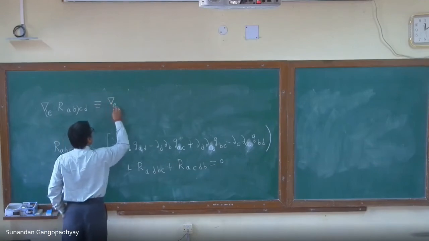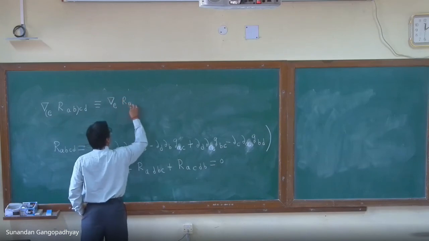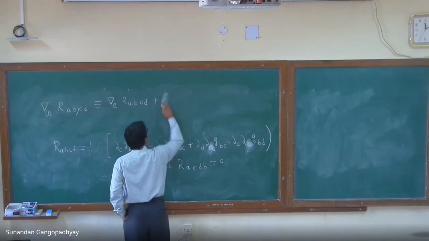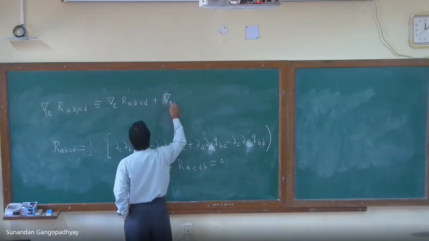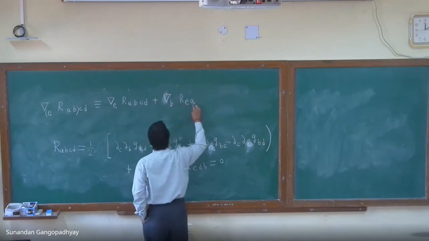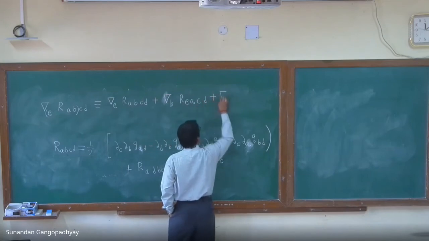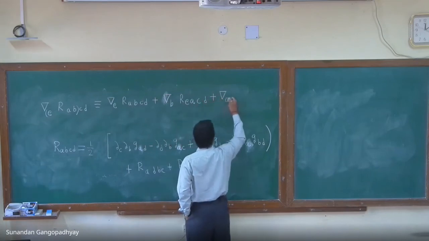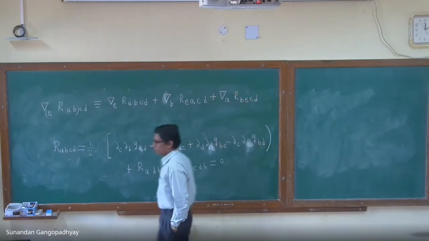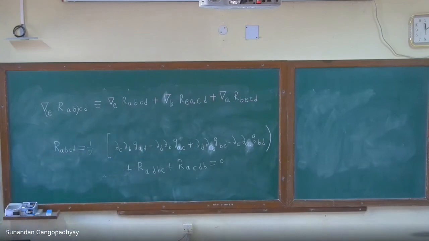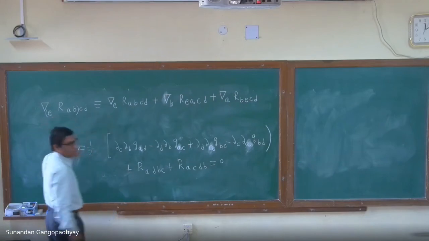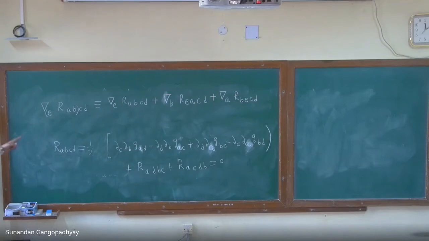This is R plus the cyclic permutation of these three indices. This is what we shall calculate. By definition, it is equal to this.